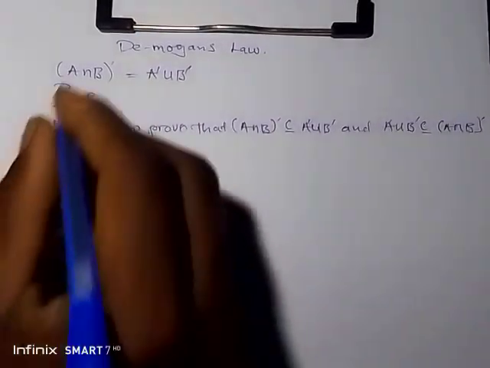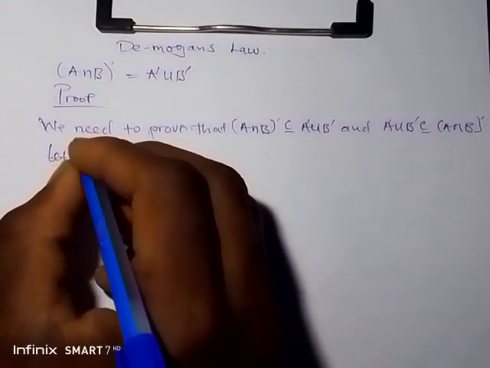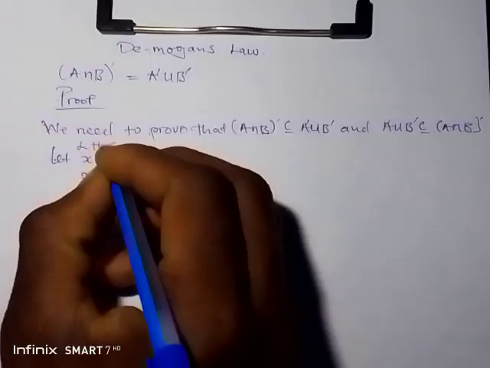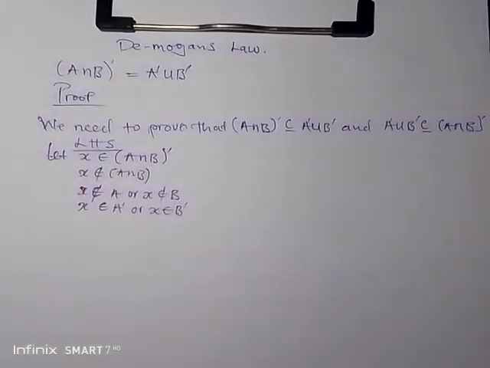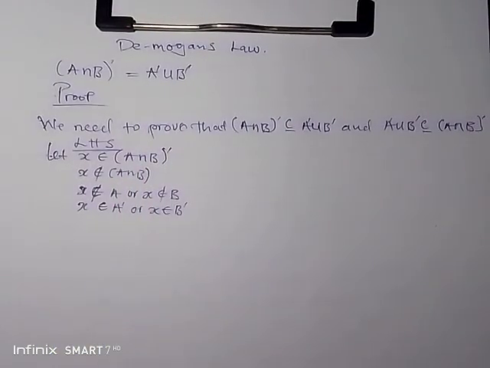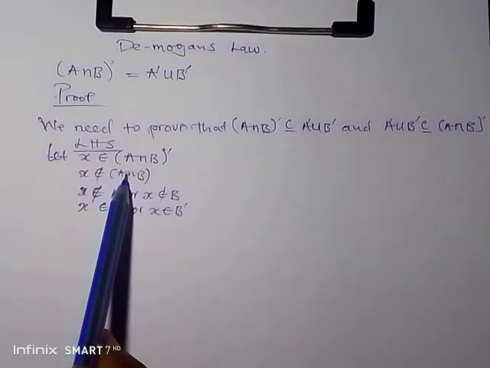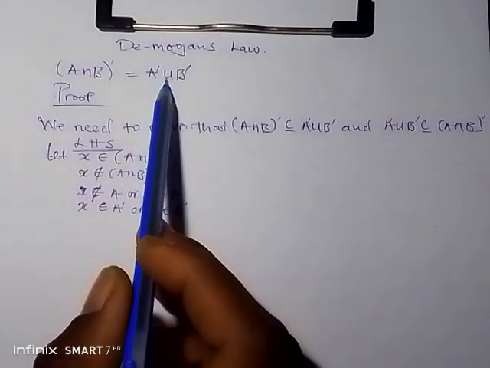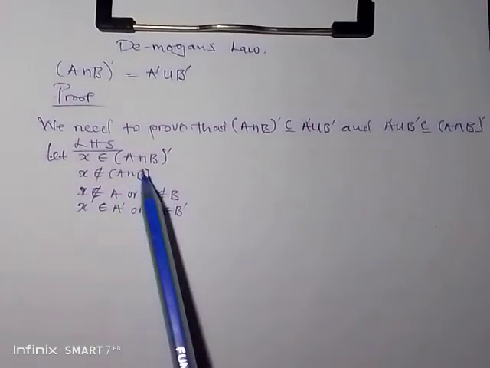Remember, this is the left hand side. Now, you are almost approaching this answer, but you need to come up with a union, not an intersection. For you to come up with a union, you don't need to go direct.